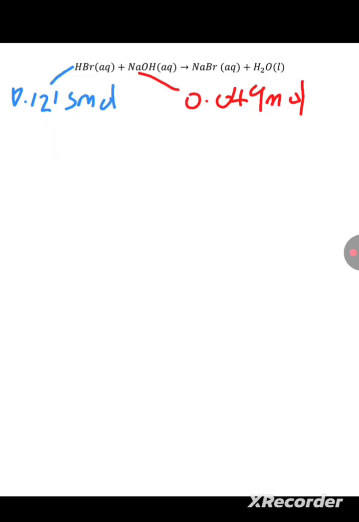That's my easiest way of identifying the limiting reagent.